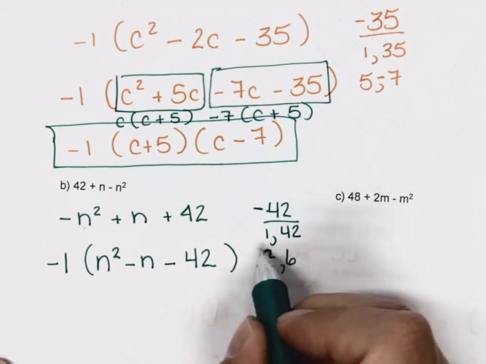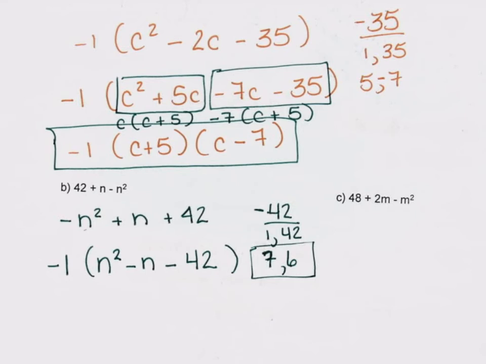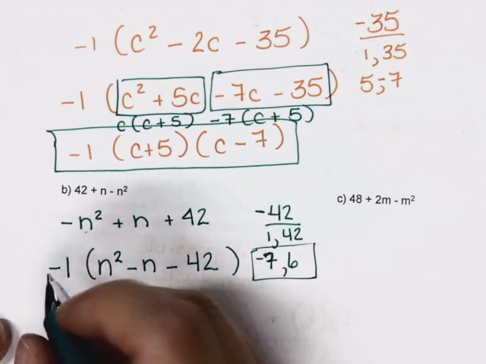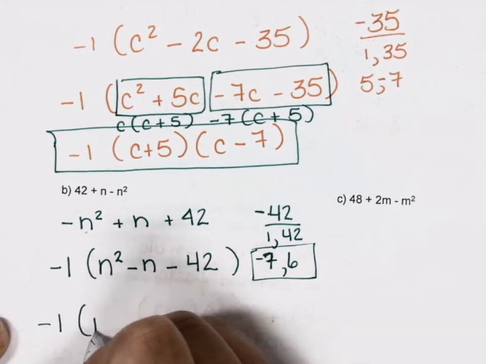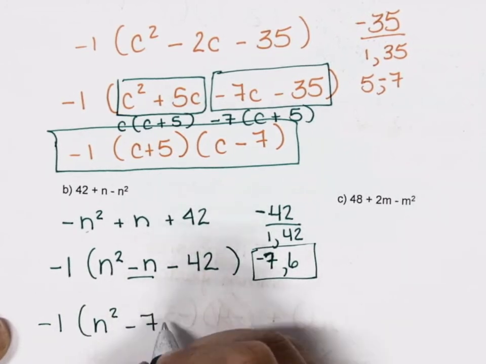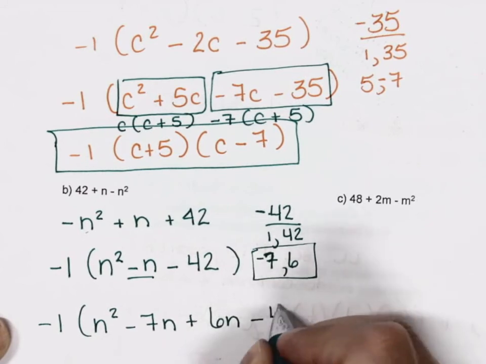So 7 and 6 is the right one, but which one is negative? The 7. For the same reason, we want that to be a negative 1, so the 7 has to be negative. So we've got negative 1 out here, n squared, and we're rewriting that middle term, so it's going to be minus 7n plus 6n minus 42.